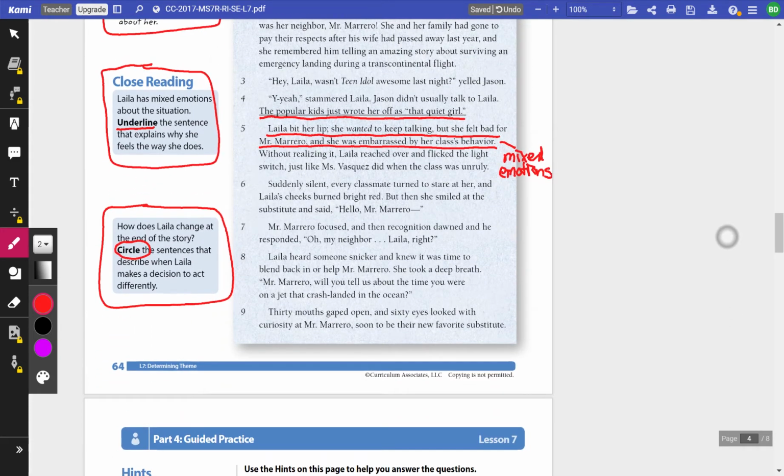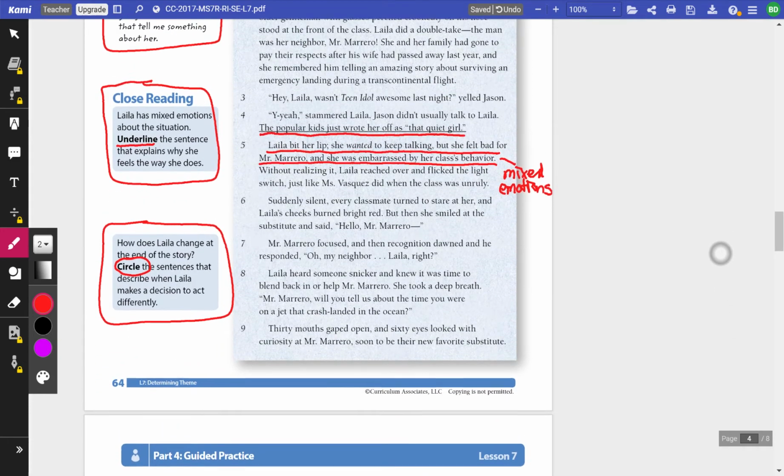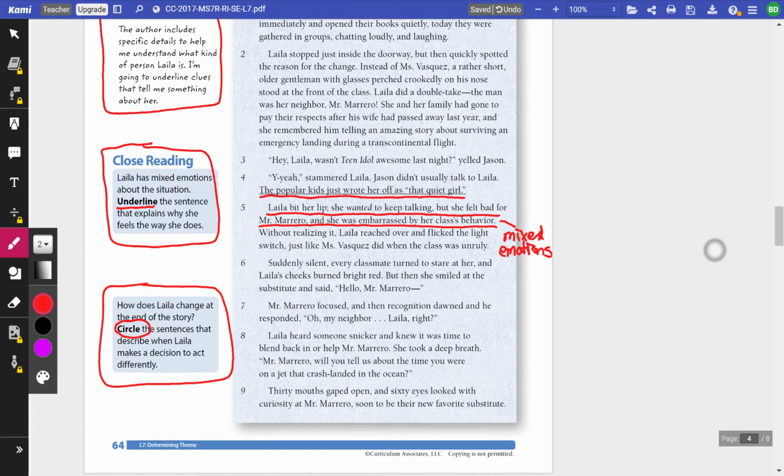So I want you to look through the text now and see if you can circle the sentences that describe when Layla makes a decision to act differently. Go ahead and do this for me now, and when you come back, we're going to discuss it together.